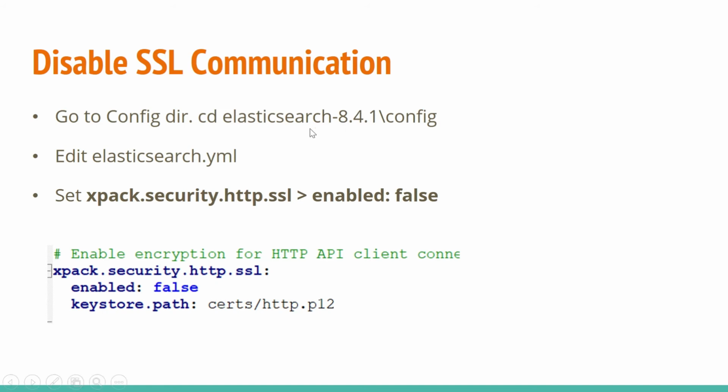To disable the SSL communication, we will have to go inside the home directory of Elasticsearch and then the config directory. Here we will find an elasticsearch.yml file, and in it one property defined, which is xpack.security.http.ssl.enabled. We will have to disable this property. We will have to set it to false to run our server on HTTP. Let me quickly show you this in the demo.